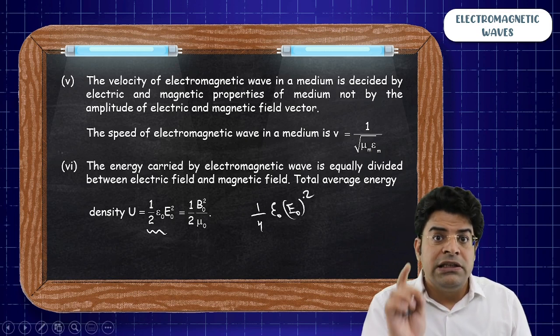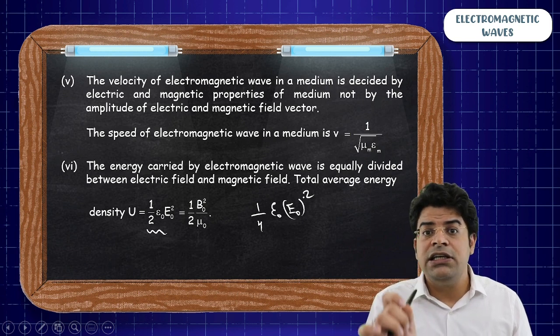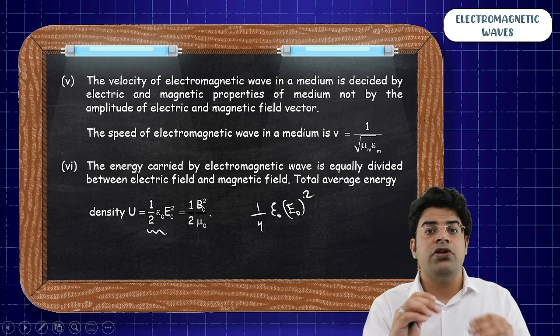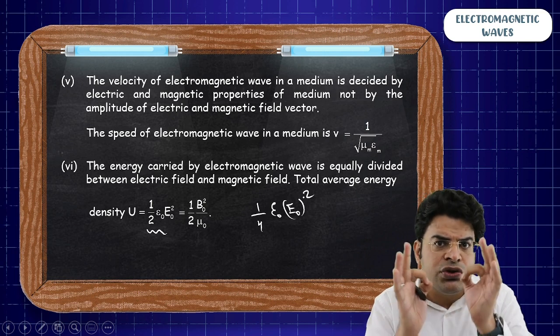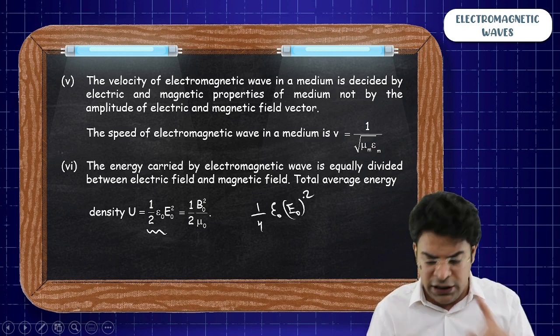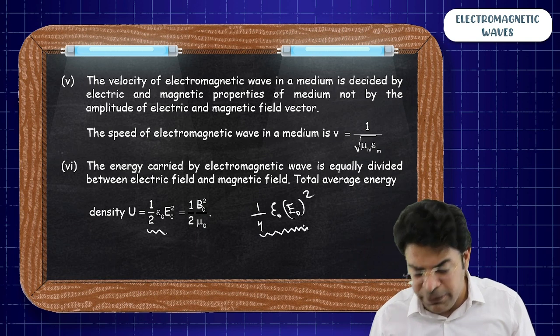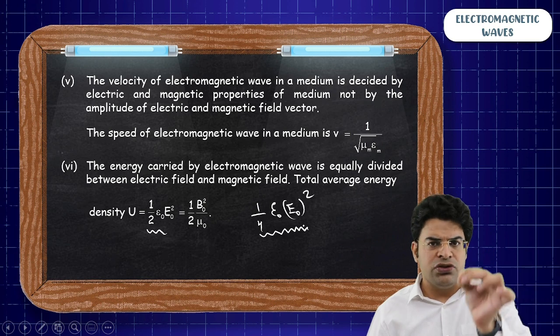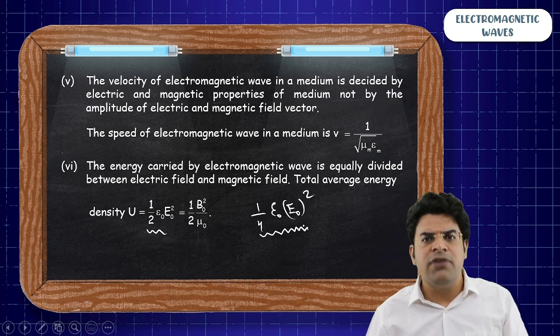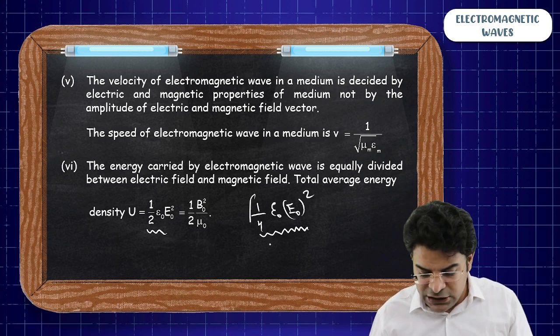But since we know that the energy is equally distributed both in the form of electric field and magnetic field, the energy associated with the electric field only is 1 by 4 epsilon naught E peak square. Same amount of energy has to be associated with the magnetic field as well. So the total energy has to be double of this.